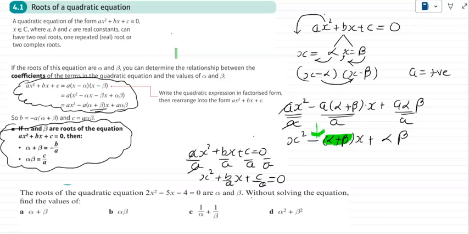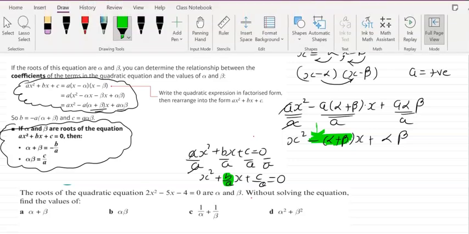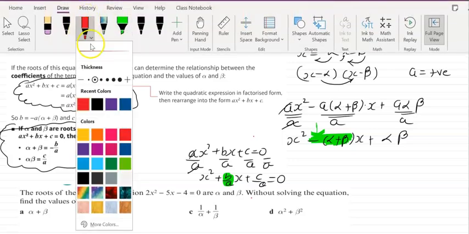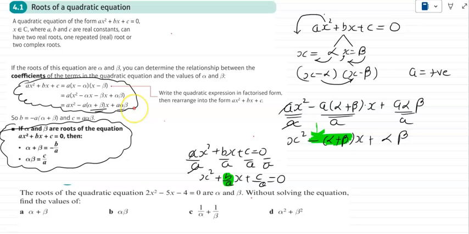But remember this minus sign, so we are comparing with the sign. Here with x we have minus (alpha plus beta), and here with x we have b over a. So if we compare, minus (alpha plus beta) equals b over a, or you can write alpha plus beta is minus b over a.